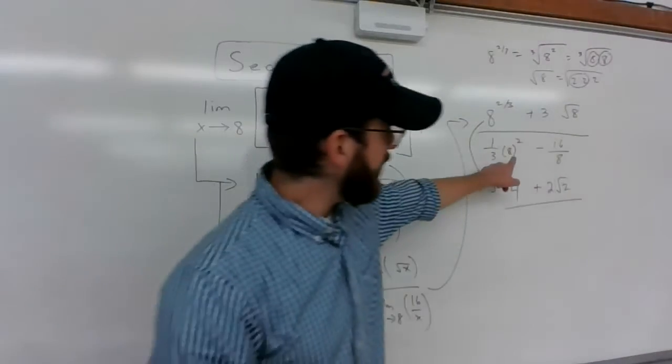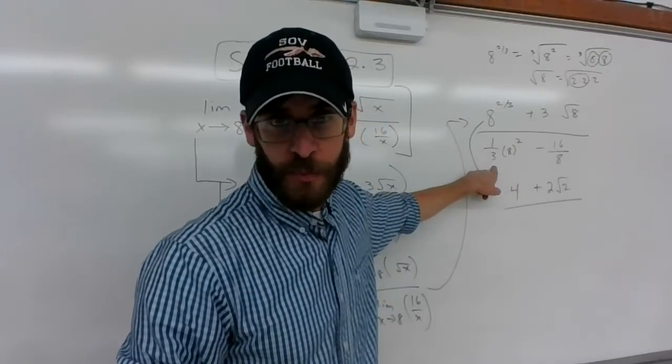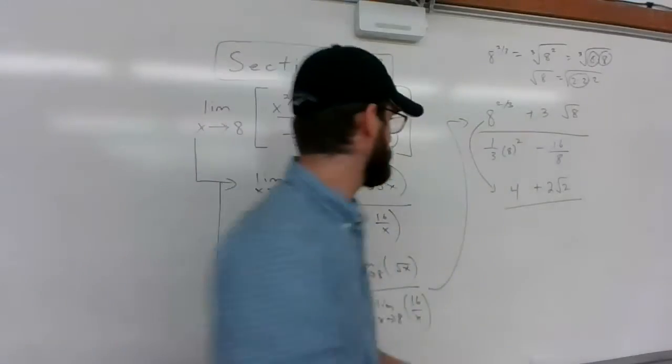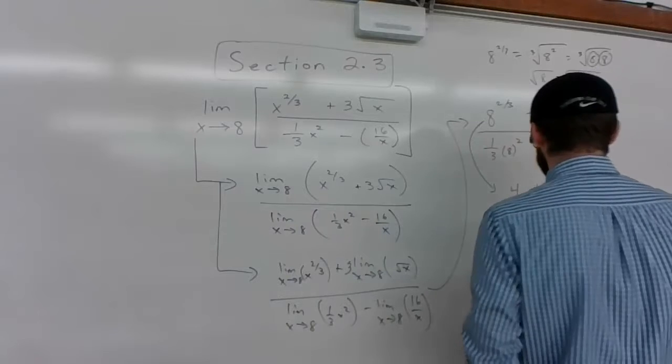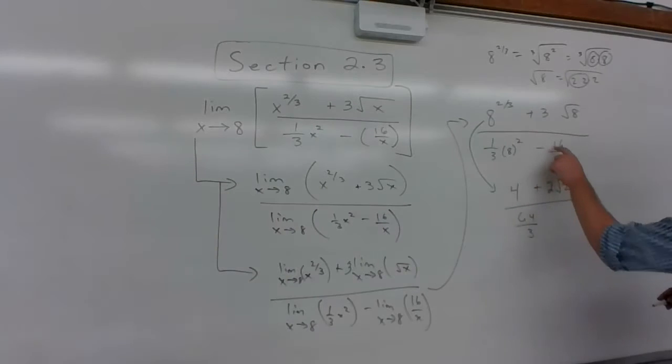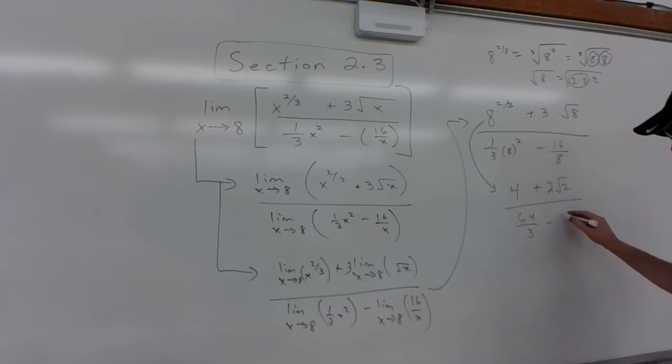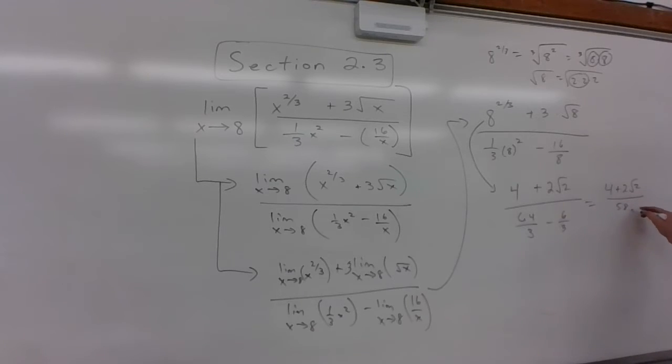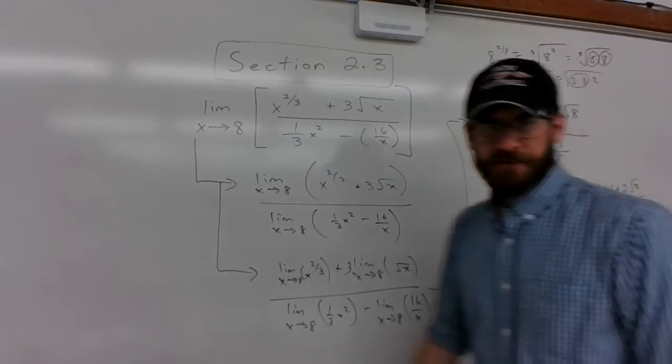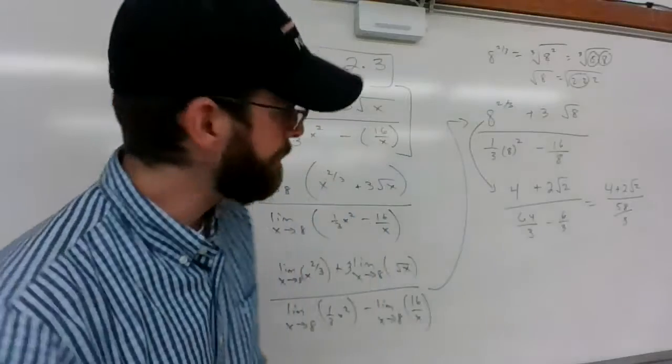You can square 8, which is 64, times a third, which would be 64 thirds. And then 16 over 8 is just 2, which would be the same as 6 thirds. And that gives you 4 plus 2 root 2, all divided by 58 thirds. And here's a clever way you can reduce a fraction like that.